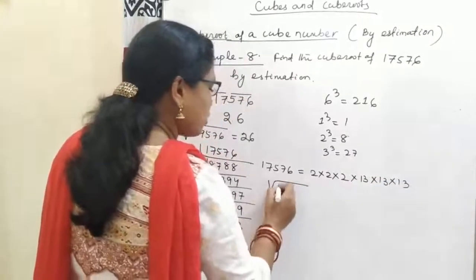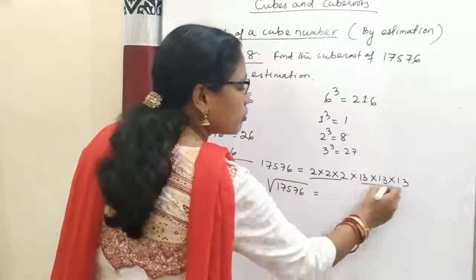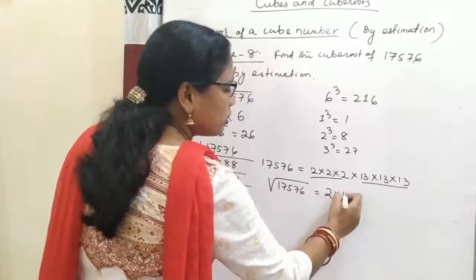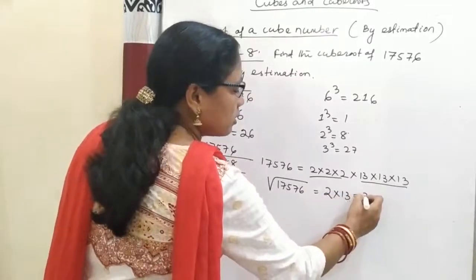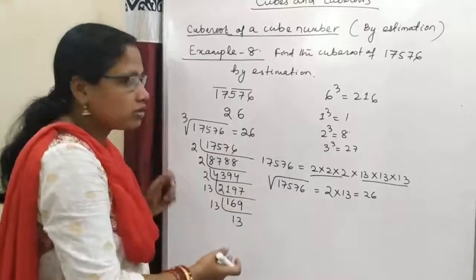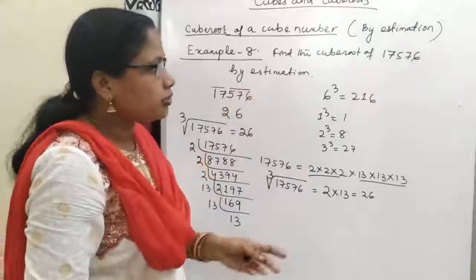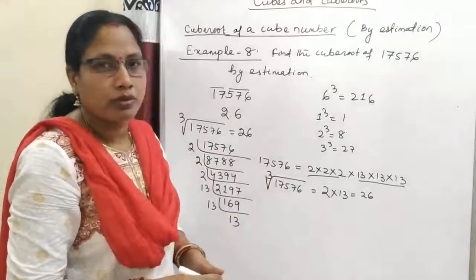So the cube root of 17576 is equal to, we have to group like this, 2 multiplied by 13, that is equal to 26. So we have verified the result. Our estimation was right. In this way you can find the cube root of a number.